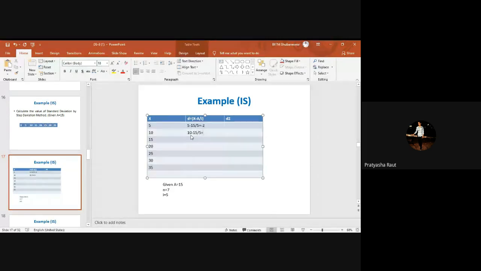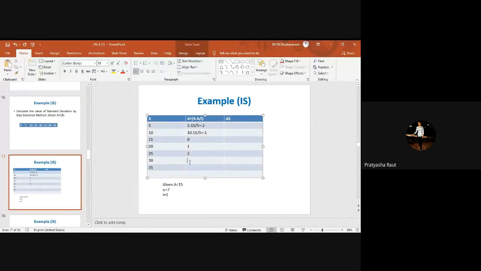How much? Minus 1. Next one is 15 minus 15, that is 0, 0 divided by 5 equals 0. Moving to the next one, that is how much? 1. The next one is 25 minus 15 divided by 5. How much? 2.